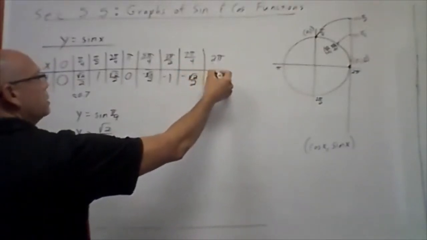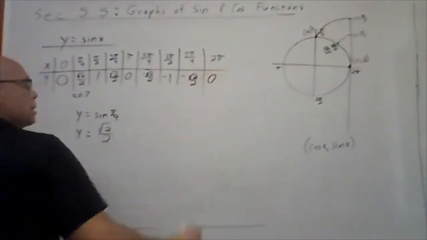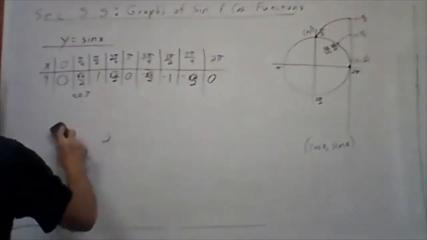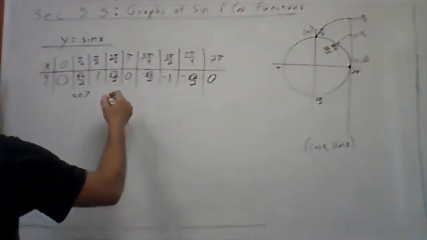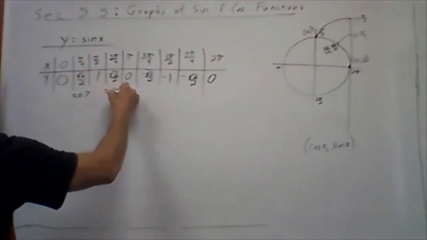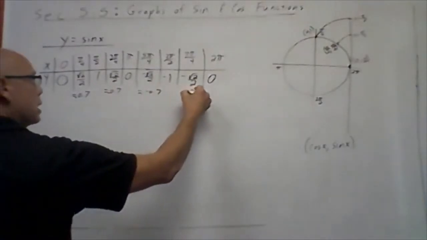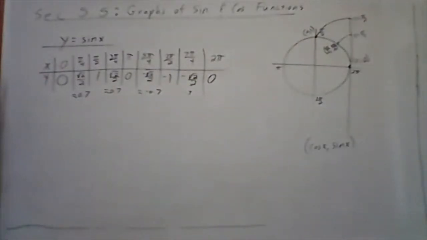And at 2 pi, you are back at 0. Now verify those for yourself. Make sure you get the correct values in there. This is approximately 0.7 as well. This is approximately negative 0.7, and this one's about negative 0.7 as well.